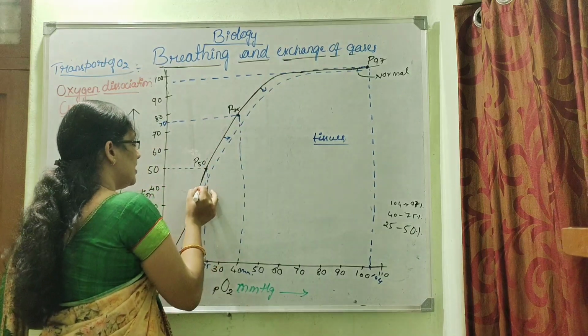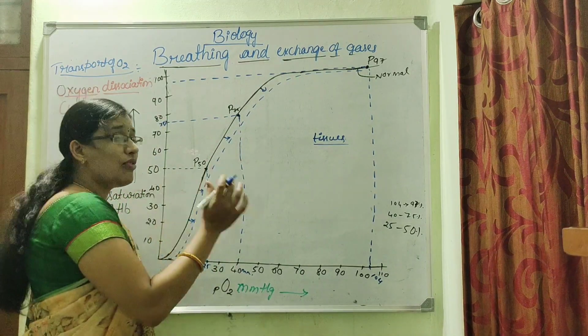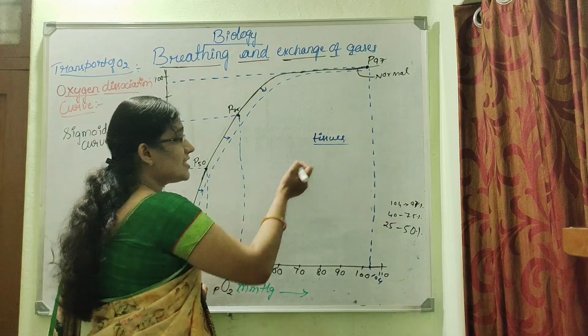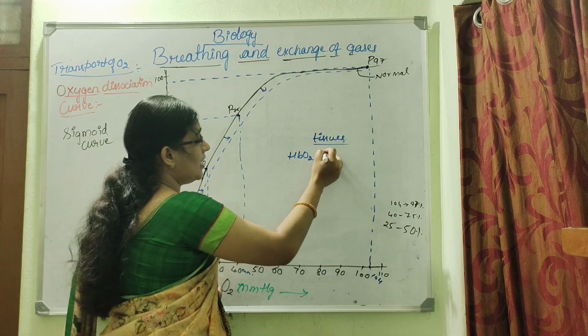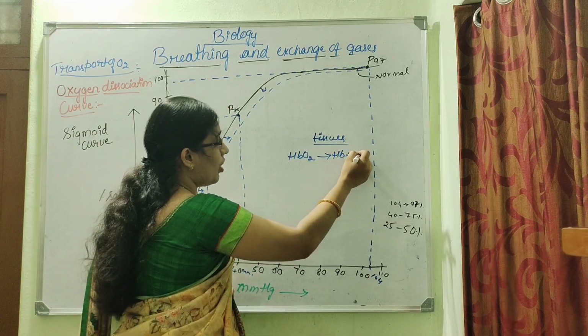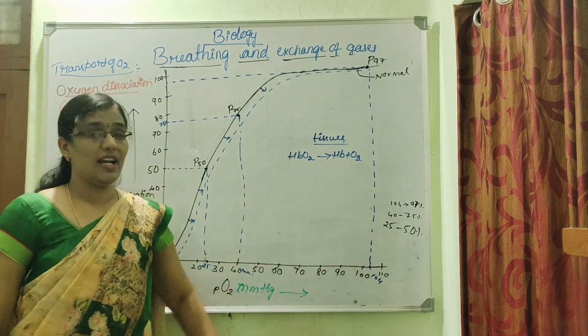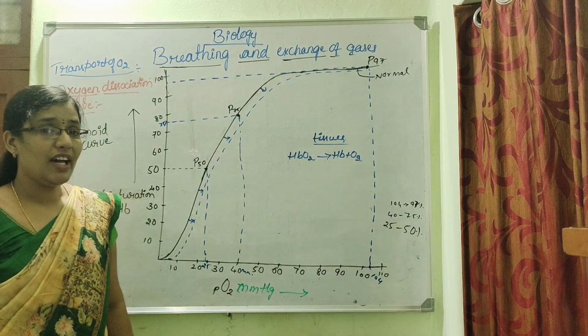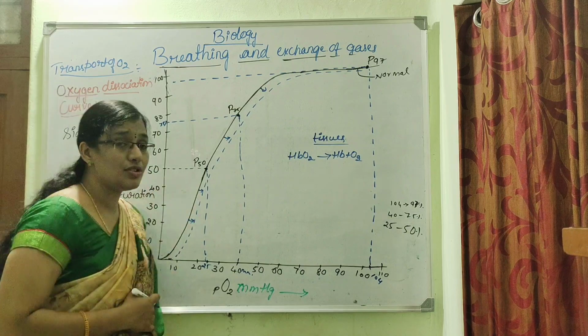See, the curve shifts towards the right side. And why? Because inside the tissues, the oxyhemoglobin dissociates to form hemoglobin and oxygen.